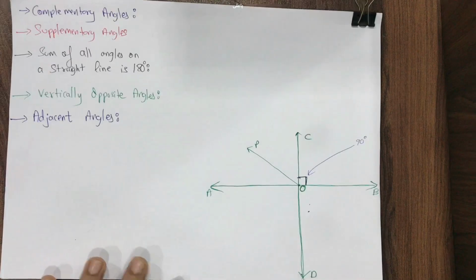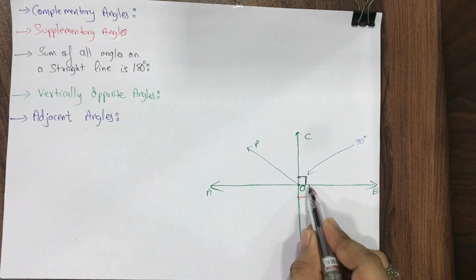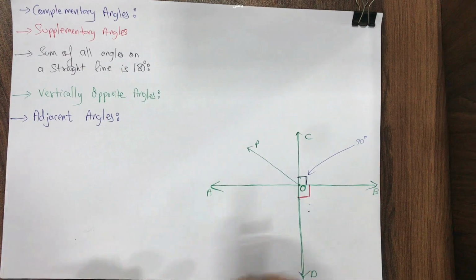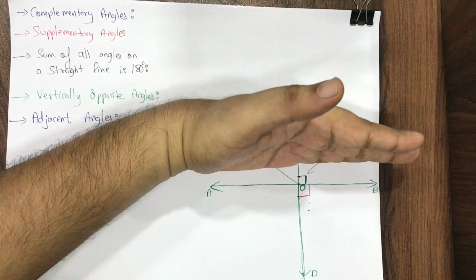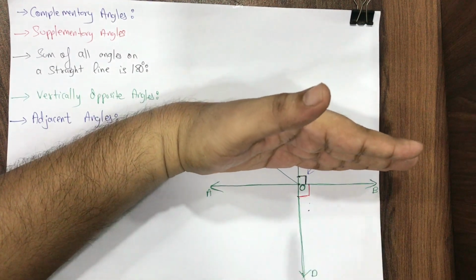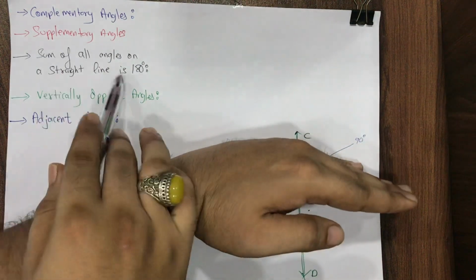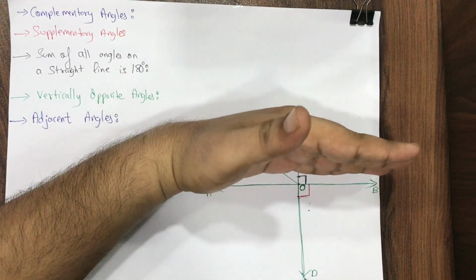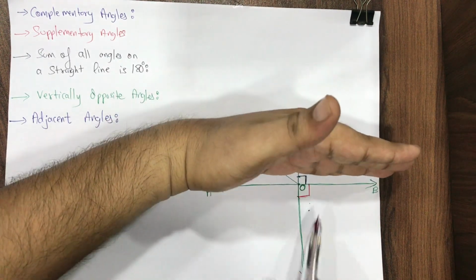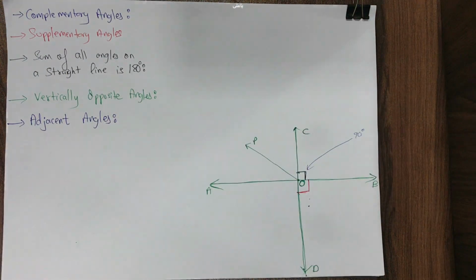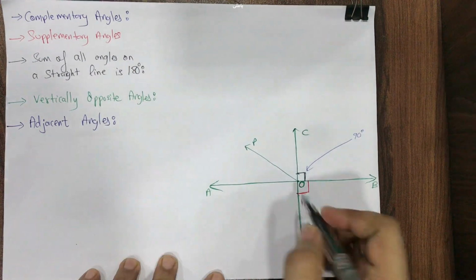So here also I will mark a box which represents 90 degrees. Similarly, if I keep my hand over here, this angle BOD is 90 degrees. Now this AB is a straight line. Sum of all the angles on a straight line is 180 degrees. So AOD plus BOD will also be 180 degrees. If this is 90, this has to be 90 degrees, students. So now this also becomes 90 degrees.